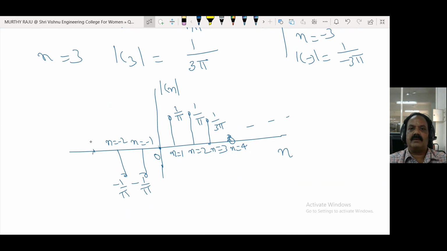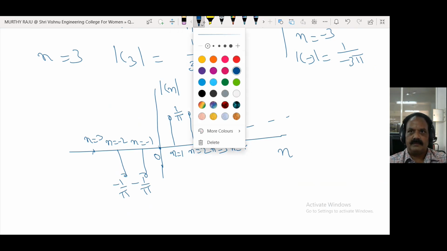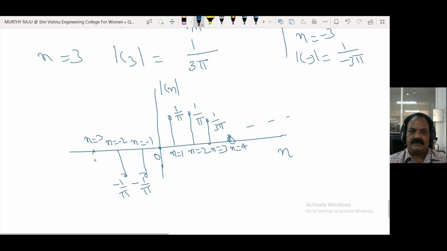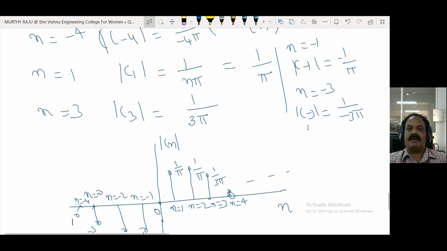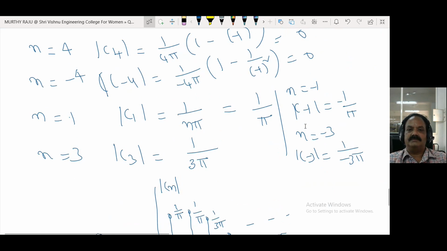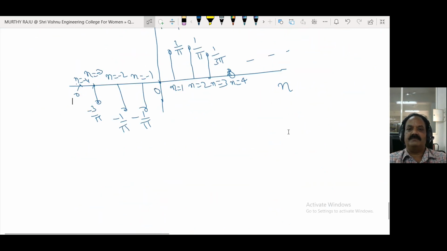N is equal to minus 3, minus 1 by 3 pi. N is equal to minus 4 is 0. This is the spectrum, the magnitude spectrum of that periodic function.